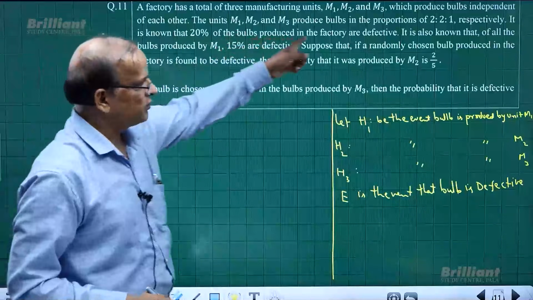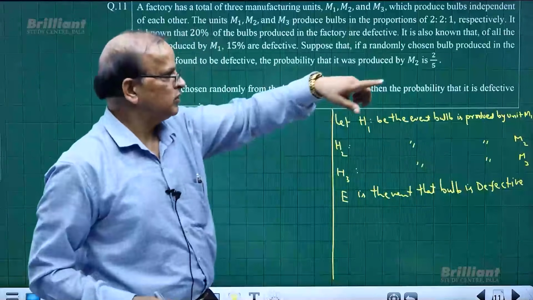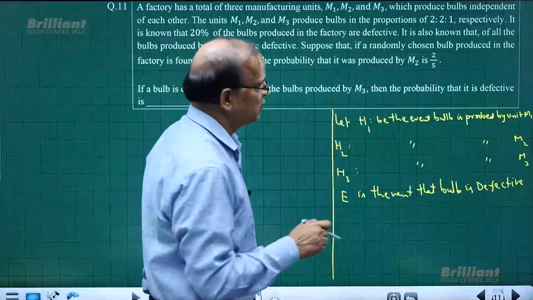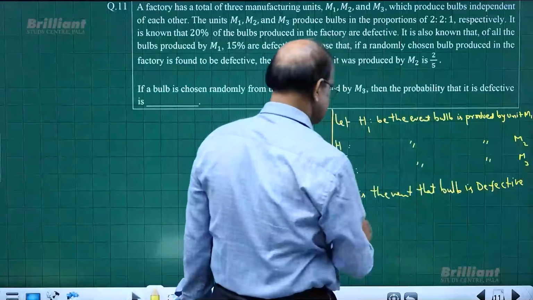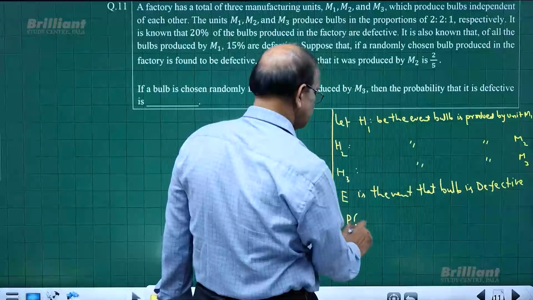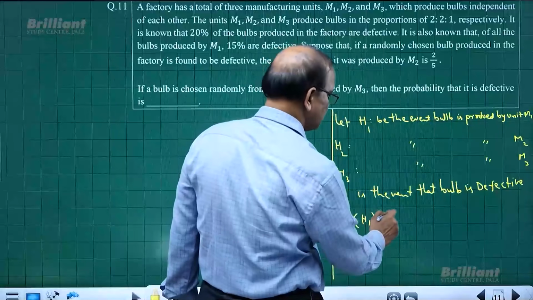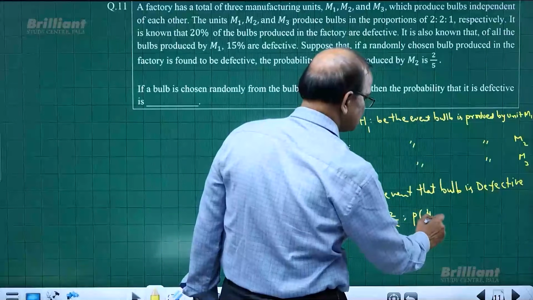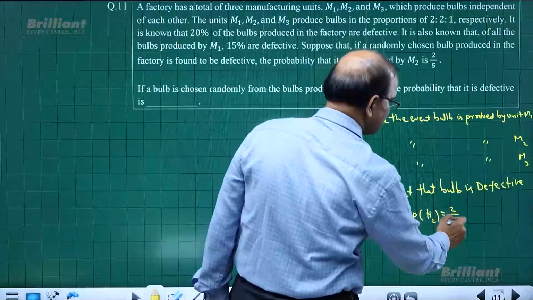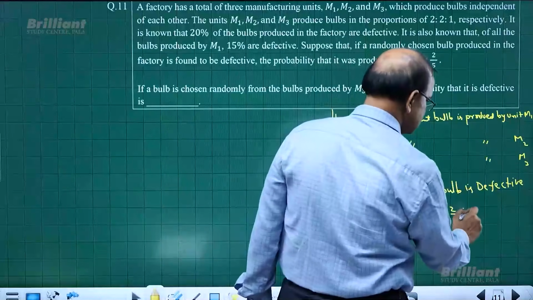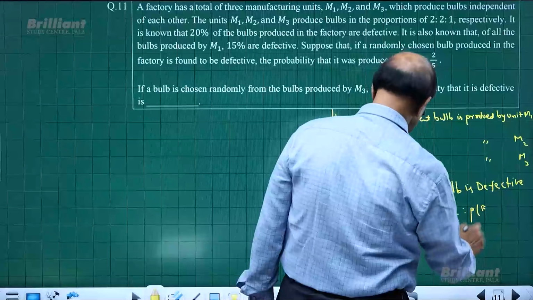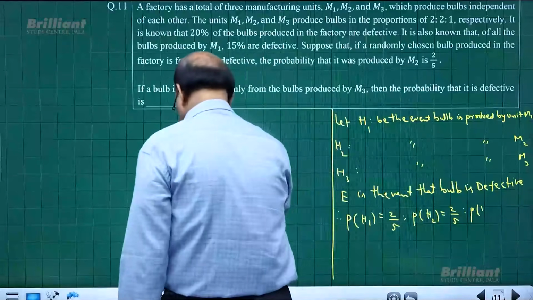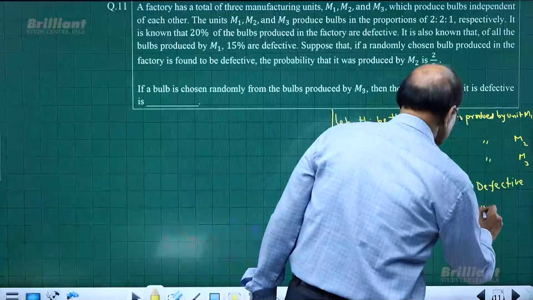Now, according to the condition, the probabilities of M1, M2, M3 are in the ratio 2 to 1. That means P of H1 is 2 by 5, and P of H2 is also 2 by 5, and P of H3 is 1 by 5.